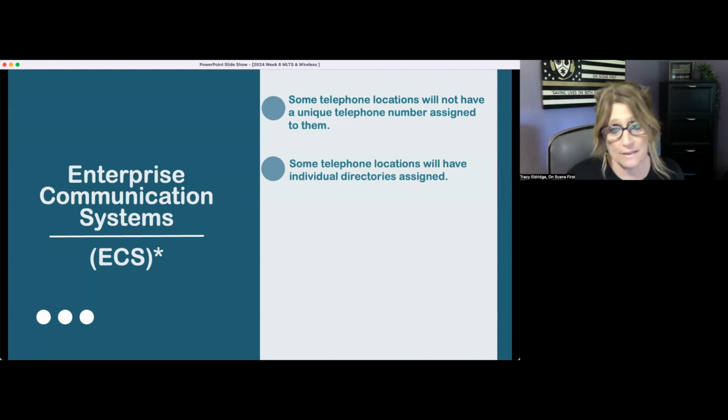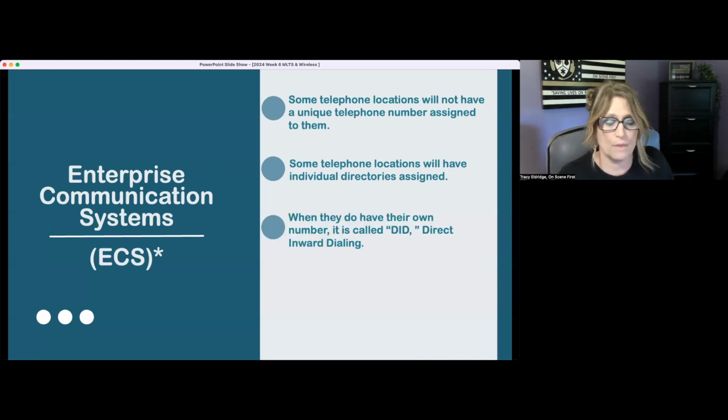If you press 2, you get this person. If you press 3... But also on the same phone system, I was able to give people a direct phone number into our multi-line telephone system that would go directly into my office. The chief could do the same thing, as could the detectives. So there were some phone numbers that could be directly dialed in that system, but not all of the extensions.